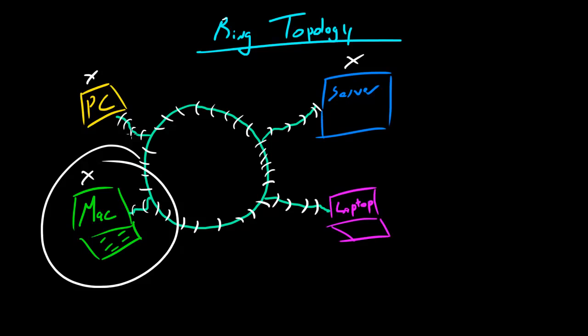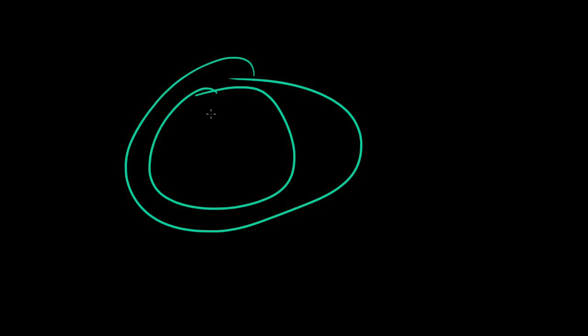Now, even though this is typically the way it works, the way they are actually built is, let me just draw this real quick. You actually have two rings. One right here and another one basically right beside it. Say we have four devices, one here, one here, one here, and one here.